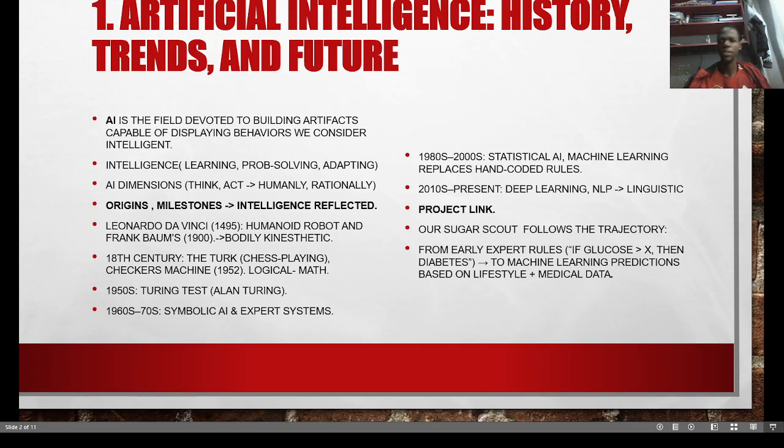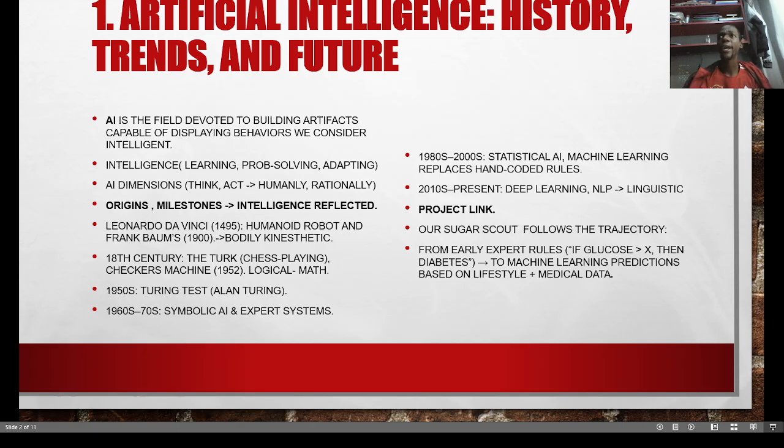Then we come to see the Turing test from Alan Turing, which we have mentioned a lot of times. After that we come to see symbolic AI and expert systems. Here the systems started to be coded, but using hand-coded rules: if this, then you do this; if this, then you do this.